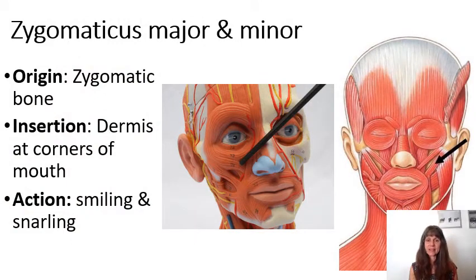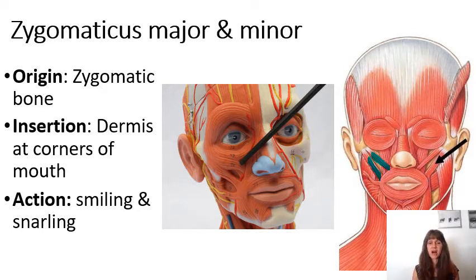This takes us to Zygomaticus major and minor. Remember the Zygomaticus bones, the cheekbones? That's where this muscle originates, on the zygomatic bone, and it inserts at the corners of the mouth. Normally, when you see the terms major and minor with regard to muscles, an easy way to remember them is the minor is usually the more superior and smaller of the two, and the major is the more inferior and larger of the two.